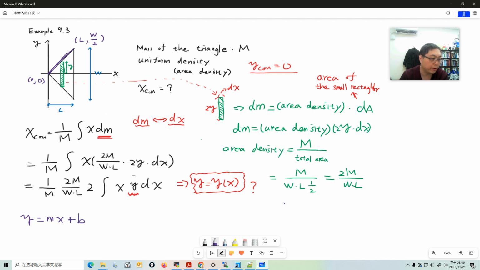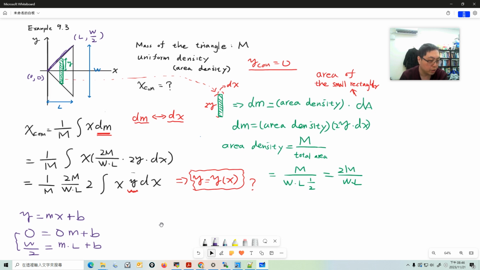And we have 2 points, right? So we have 0 equal to 0 times m plus b. And W over 2 equal to m times L plus b. So this is a system of first order equations. And the first equation gives you b is equal to 0.